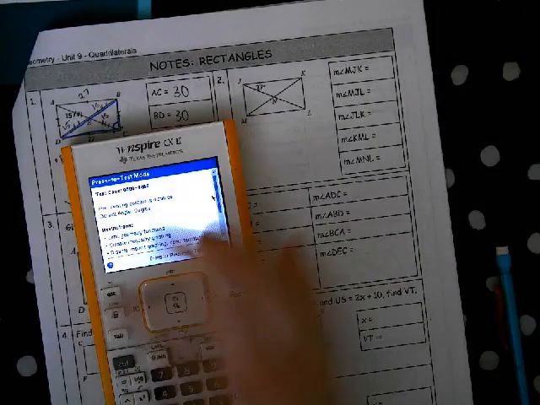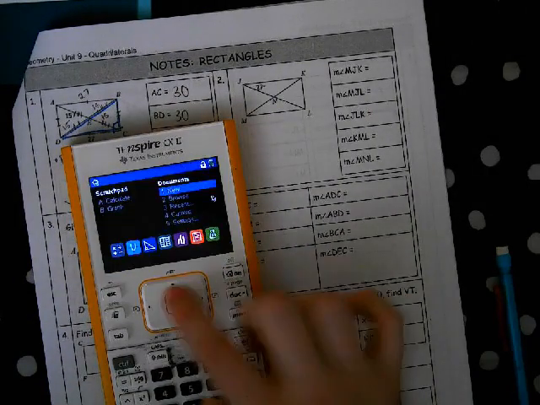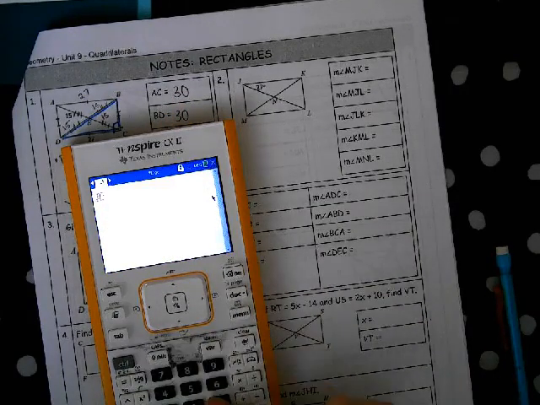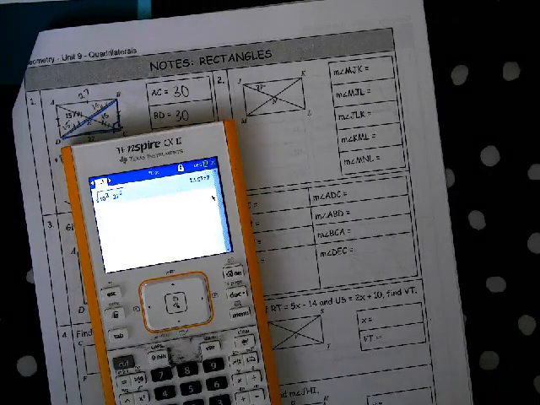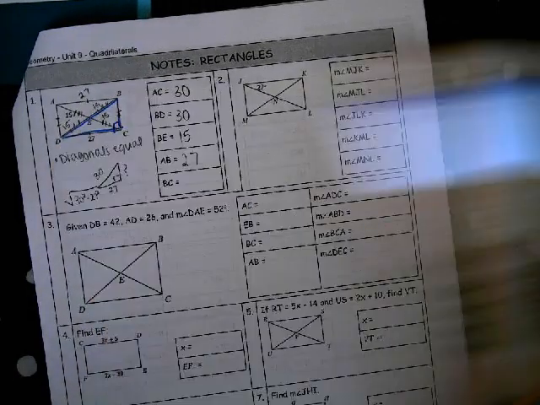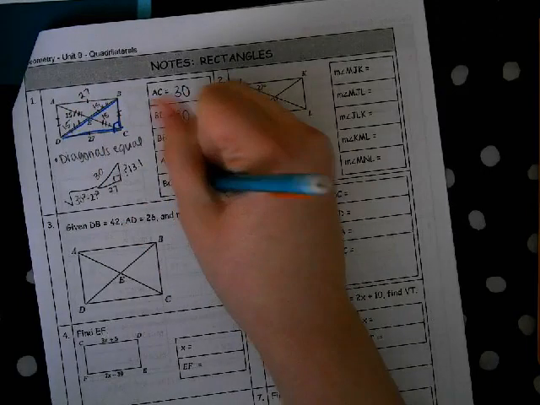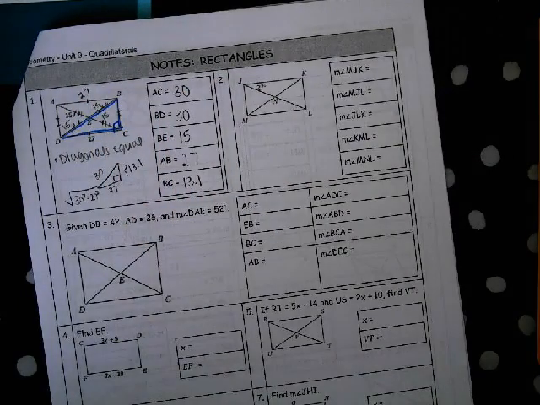If I were to get my calculator, let's go to the calculator screen. In my calculator, here's my square root, 30 squared minus 27 squared. That gives me 13.1 if I round it. So because that piece is 13.1, BC is 13.1.